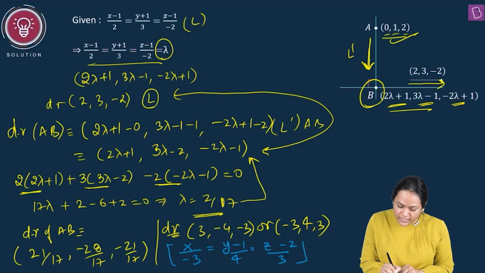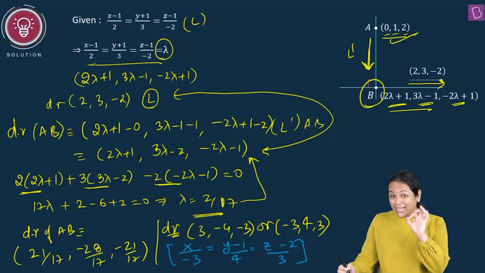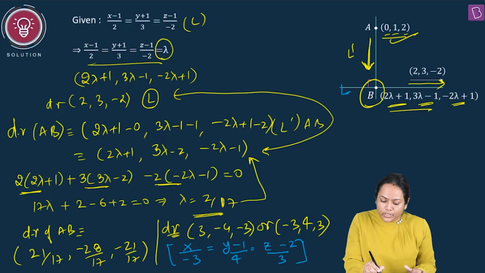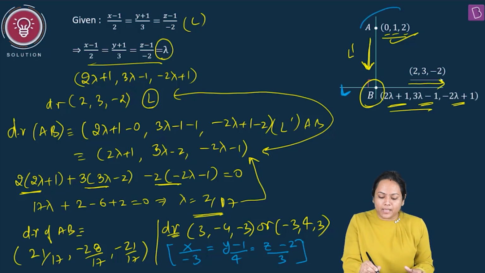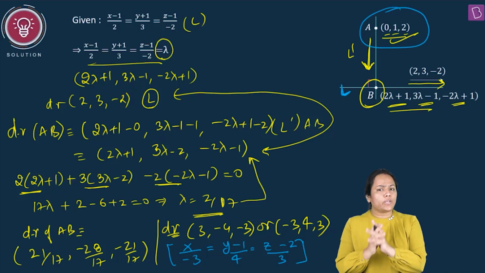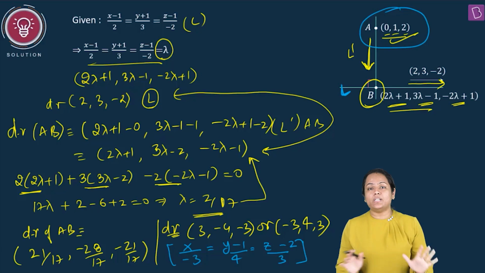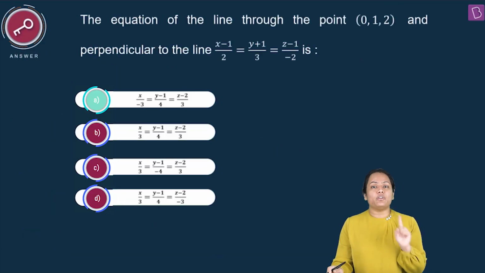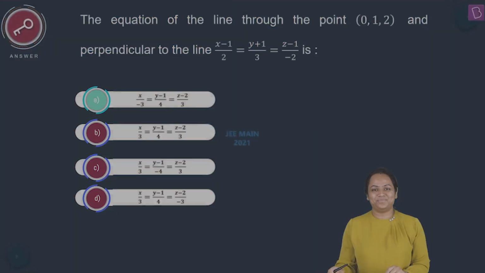This will be the final equation of AB or L dash, or the line which is perpendicular to the given line L and passing through the point A. Is this clear? Have you understood how you can find the equation of a perpendicular line? Perfect. And the correct option therefore is going to become A.